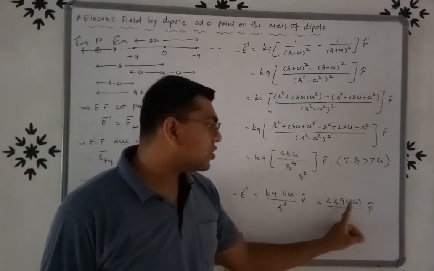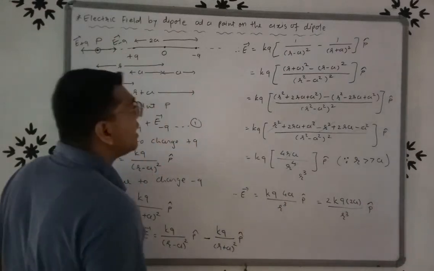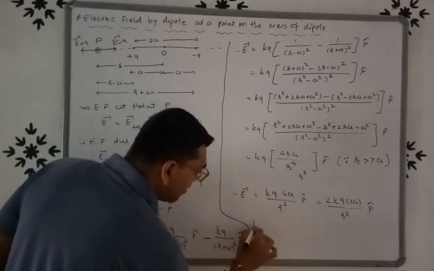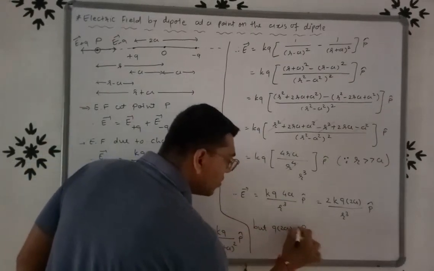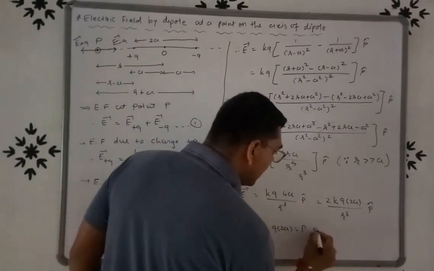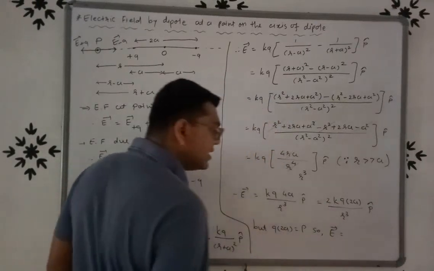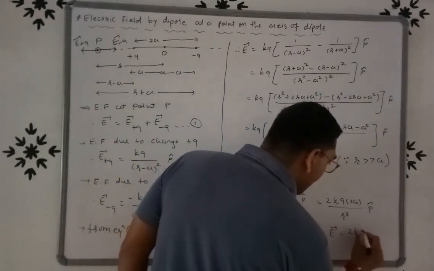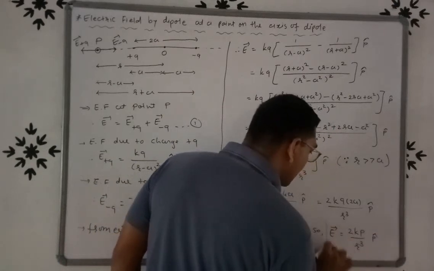Why? Because q into 2a is the electric dipole moment p, right? So q into 2a is equal to p, so that the electric field at point P is equal to 2kp upon r cube into p cap, right?